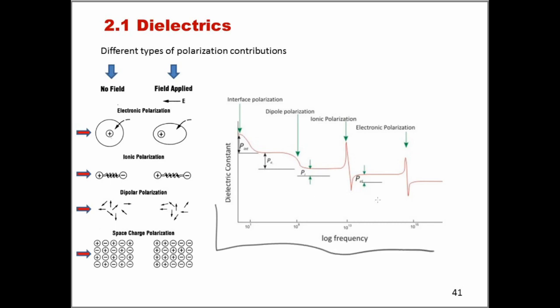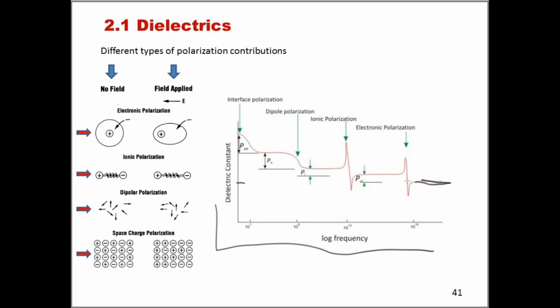In this plot, what we can see is that when the frequency of the voltage applied across the device is extremely high, then nothing can effectively respond to this electric field, to this excitation, and so the material is effectively invisible, and its dielectric constant is effectively that of vacuum.